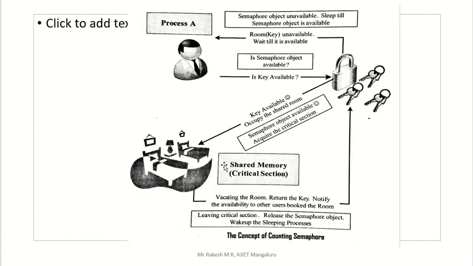But in the counting semaphore, more than one process can enter: initially there is a number, the S value, whether 3 or 4, and that many processes can enter the critical section at a time. Other processes should wait outside. Instead of waiting, as we already saw in the previous slide, we can apply sleep and wake up.